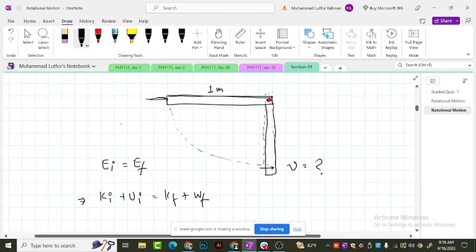Alright, so right now when I hold this stick over here, what is its kinetic energy initially? What should be its kinetic energy? Zero. That's very good. What should be its potential energy? Let's say I choose this as my reference level, or I consider this as my origin over here. Let's say this is my x-axis and this is my y-axis. Then what should be the potential energy?